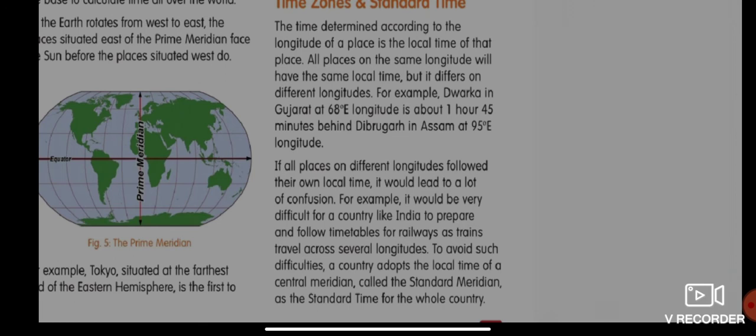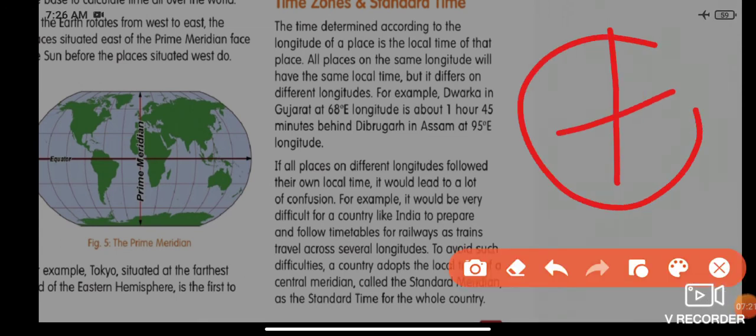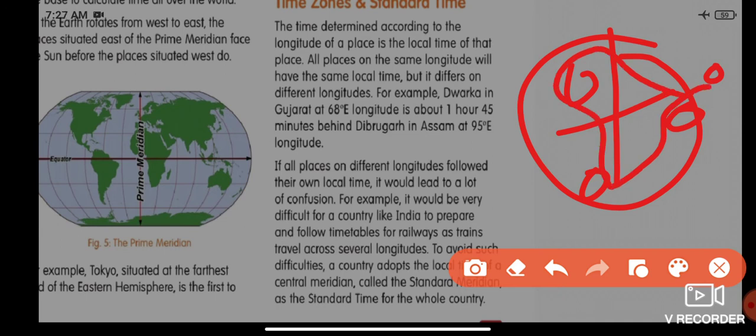So, to avoid such difficulties, a country adopts the local time of a central meridian, called the standard meridian, as the standard time for the whole country, not for every state but for every country. If we followed the time of each longitude, with the time of Delhi different to Mumbai, Calcutta, Assam, Nagaland, there would be lots of confusion, because trains travel in different directions across the whole country, and the time would be difficult for the traveler.